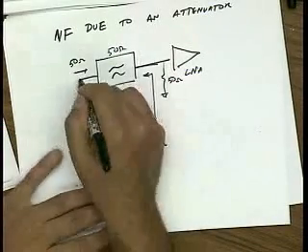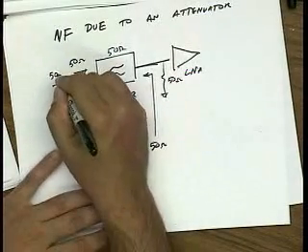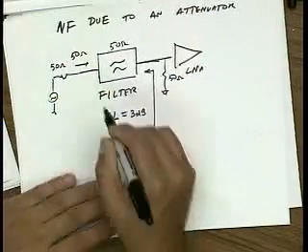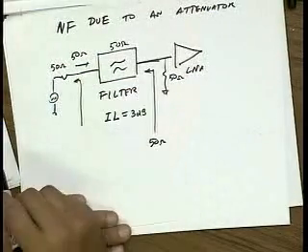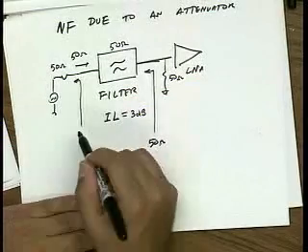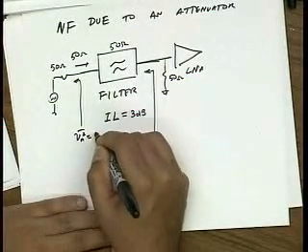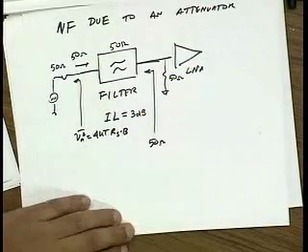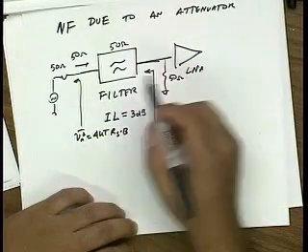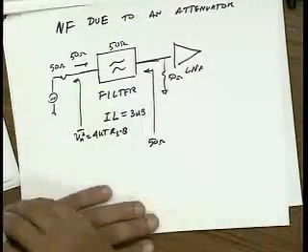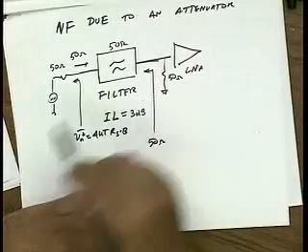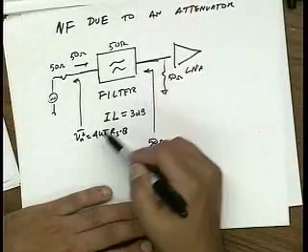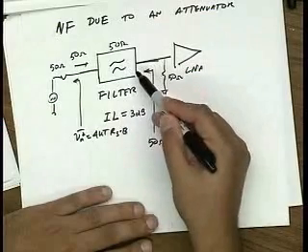Okay? So let me explain that in a little bit more detail. If I look back here, the available noise voltage is 4kT RS times B, right? If I look over here at how much noise power is available, it's also really proportional to the real part of the input impedance looking in here.